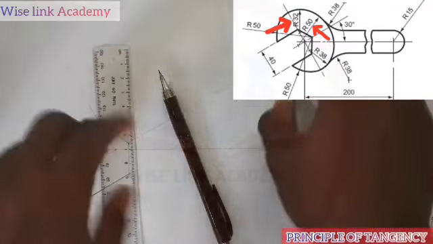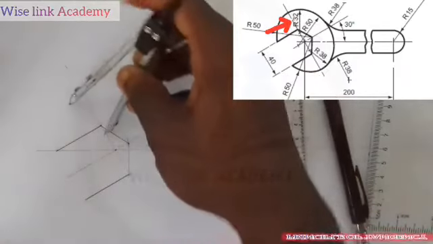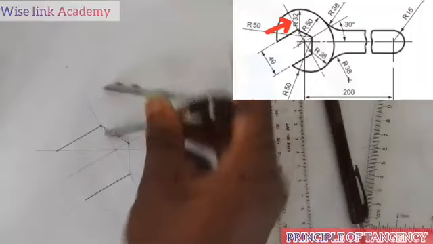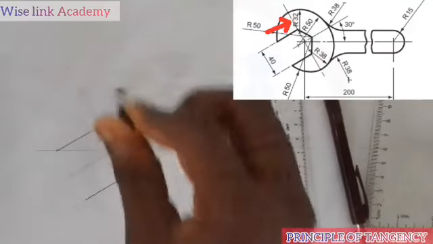Now at this point here, I'll strike an arc this way. Now I will measure R32, 32 from this point to this point is 32, right? At this point where you struck the arc, gauge it to touch this arc here, this way.